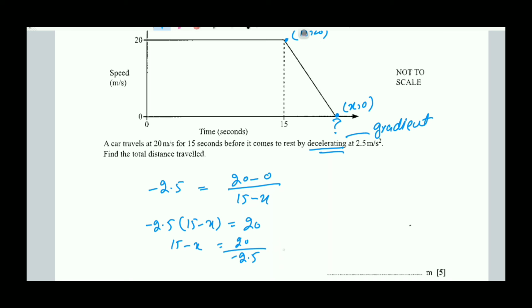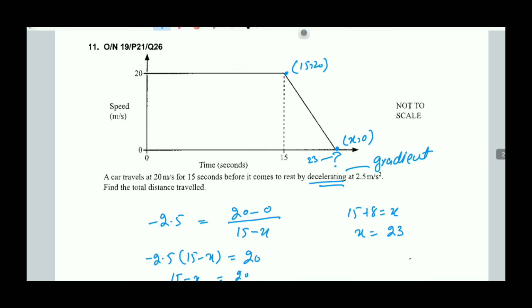Minus 2.5. Now what we will do, 15 minus x is equal to minus 8. Now 15 plus 8 is equal to x, so x is equal to 23. So we got this point as 23.